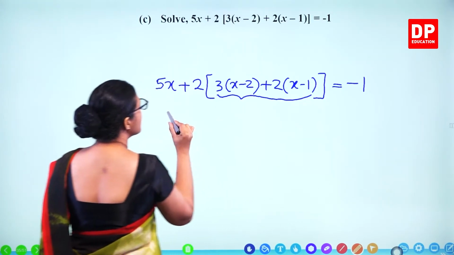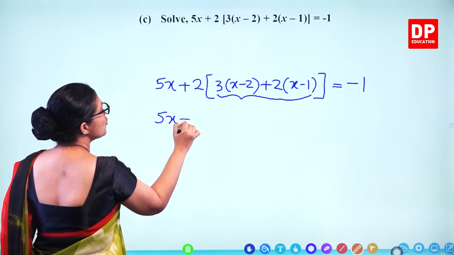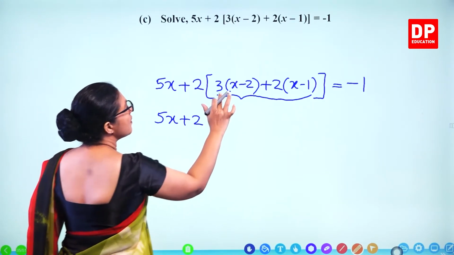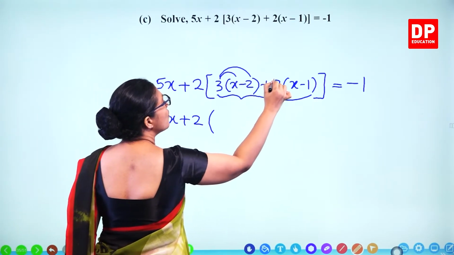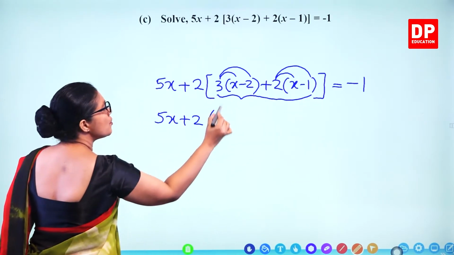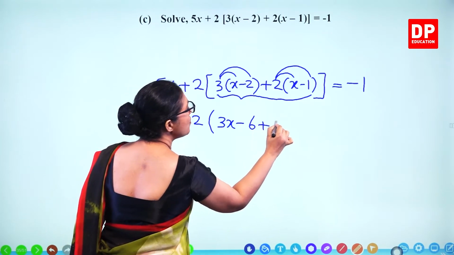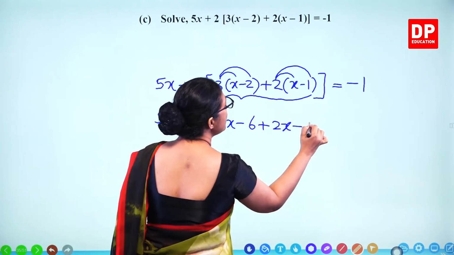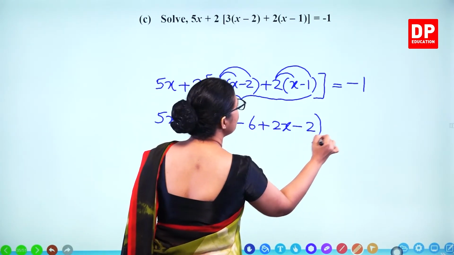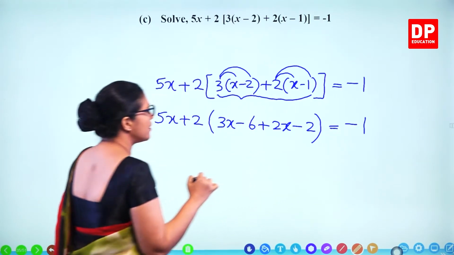This part first. 5x plus 2, open brackets now. 3 into x, 3x, 3 into minus 2, minus 6. 2 into x, 2x, 2 into minus 1, minus 2 is equal to minus 1.